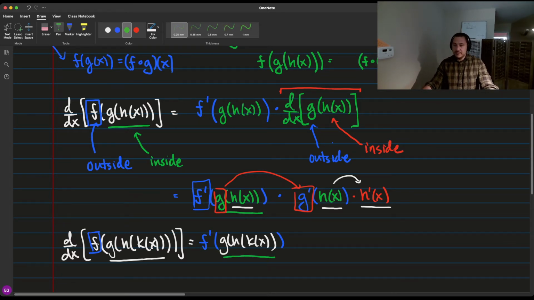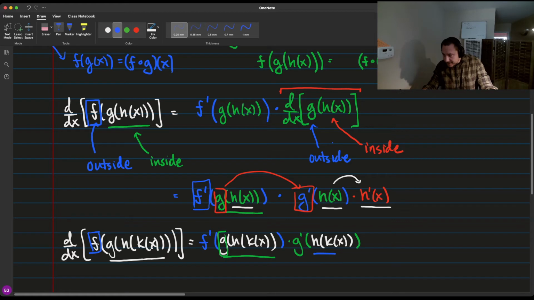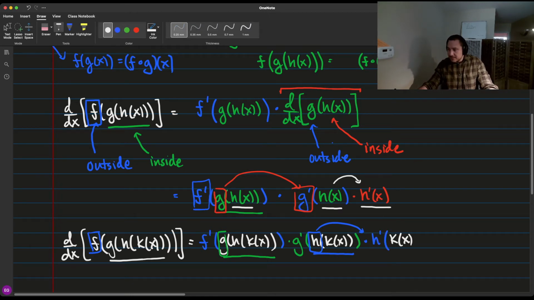You take the derivative of this outside function for what you're dealing with here. So I'd have g prime, and then you'd compose with the inside. And then now you work with that. You look at that part and you're like, that's my outside function. You multiply by the derivative of that, and you leave what was inside of it.